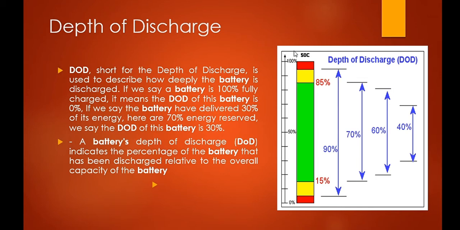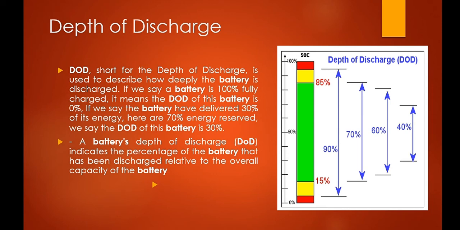For example, the overall capacity is 100%, and here we can see what a 50% depth of discharge looks like. Here the depth of discharge is 70%. Here it is 60%. Here it is 40%. If the battery is 100% fully charged, there is no DOD. DOD is 0%.